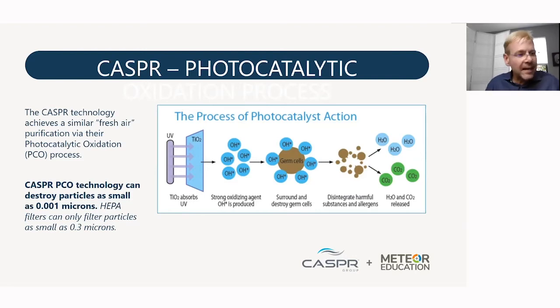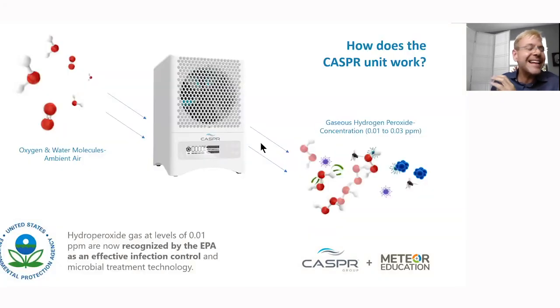So this is technology that's actually used in hospitals. And instead of just cycling air through, instead what happens is you have technology that achieves kind of a fresh air purification through something called photocatalytic oxidation. All right. Now that's a really long word, and I know that.